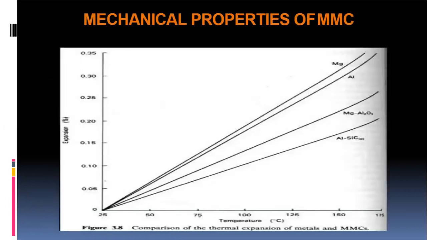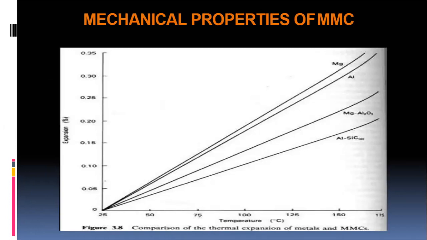Next, coming to the mechanical properties of metal matrix composites. In the vertical axis, we are seeing the expansion percentage, and in the horizontal axis, the temperature, from 25 degrees to 175 degrees.